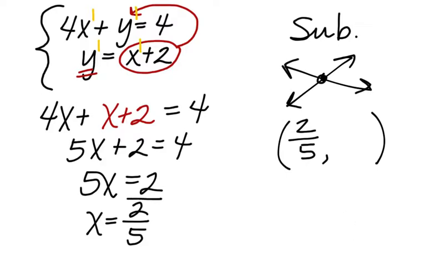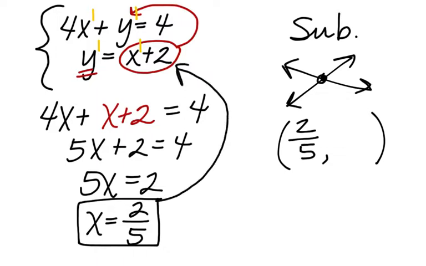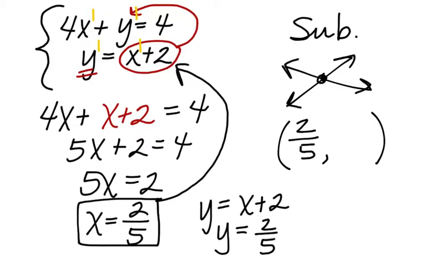So we're simply going to take this x value and then substitute it back into one of the original equations. And it's probably easiest in this case to go ahead and substitute it into the bottom equation since we're interested in finding the value of y. So y is equal to x plus 2, that was our second equation. So therefore y is equal to 2/5 if I substitute my x value in place of x.